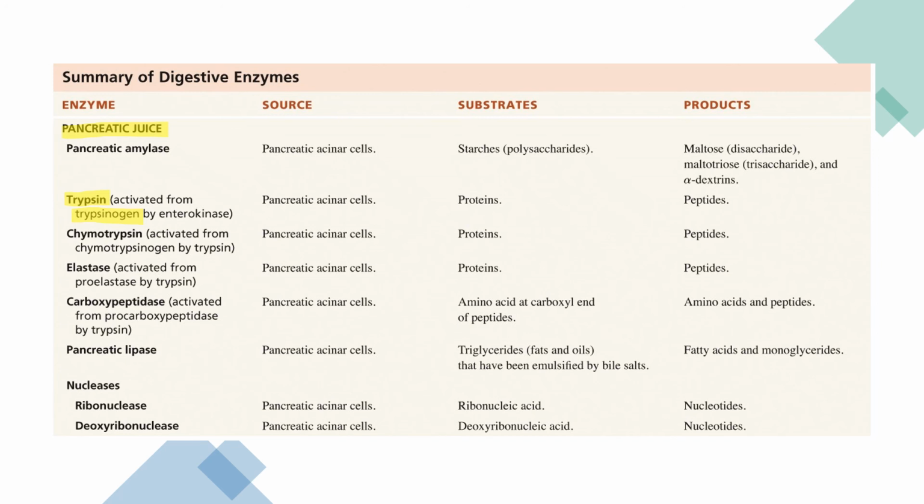And trypsinogen is activated by enterokinase. And enterokinase is going to be one of the brush border enzymes of the small intestine. Chymotrypsin is the active form of chymotrypsinogen. And interestingly, chymotrypsinogen is activated by trypsin. We also know that amylase is going to digest starches, also known as polysaccharides, also known as carbohydrates.